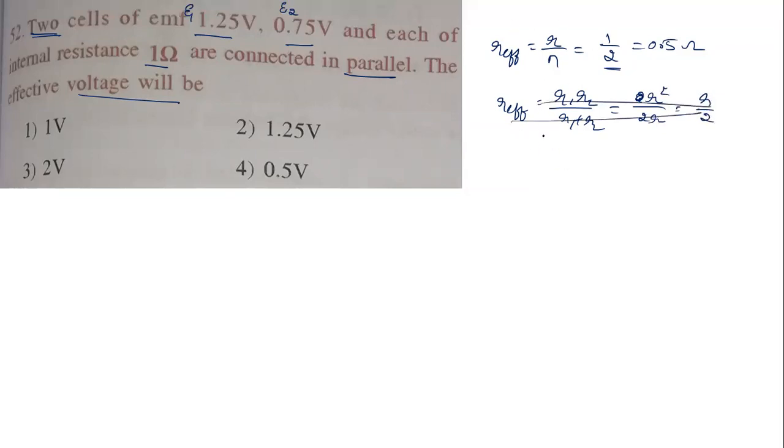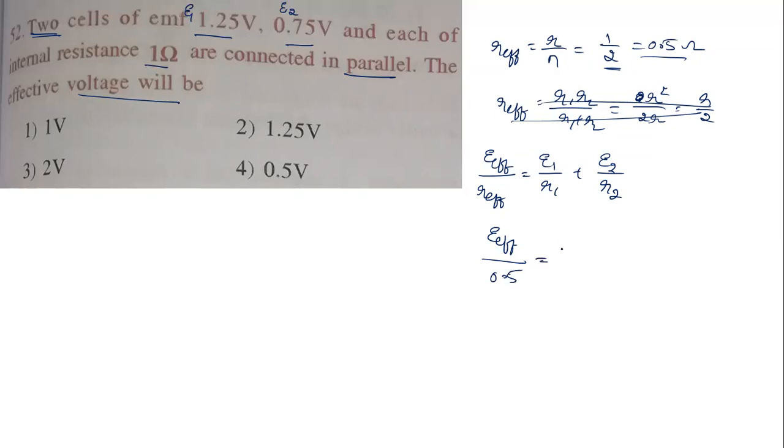Now we need to find the effective EMF. E effective by R effective is equal to E1 by R1 plus E2 by R2. In order to finally find the effective voltage, I should know E effective. R effective, we got 0.5.